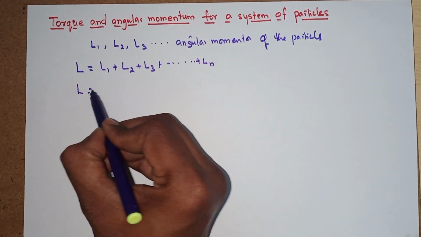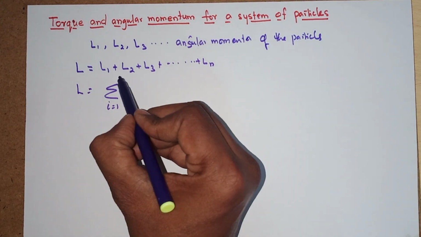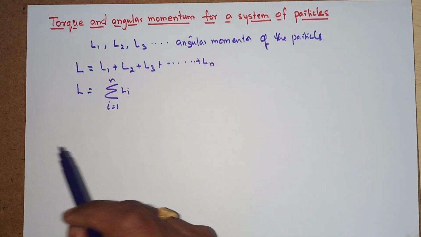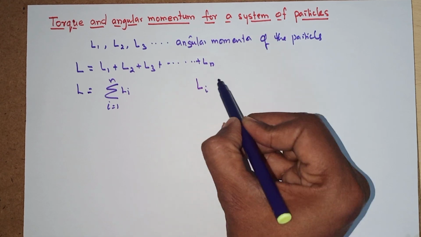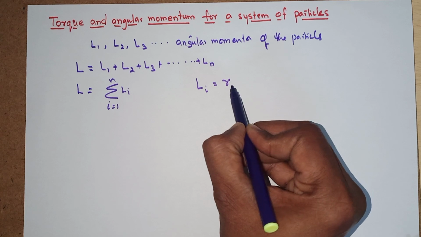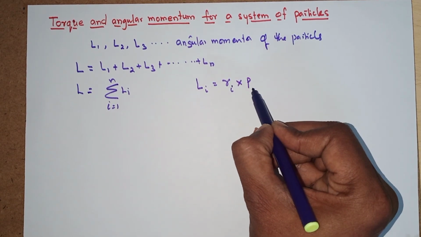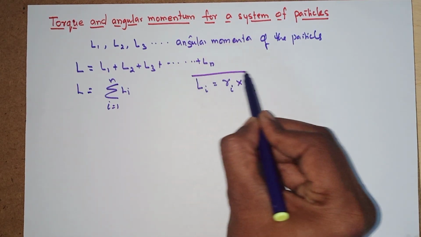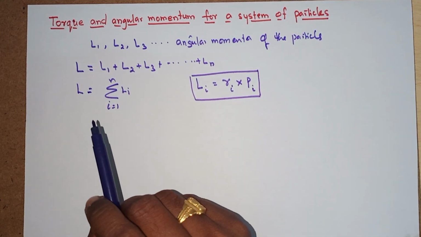Simply we will write it as the summation over i equal to 1 to n of Li. The ith particle's angular momentum is equal to r, the ith particle distance, cross its momentum. This is Ri cross Pi, right?